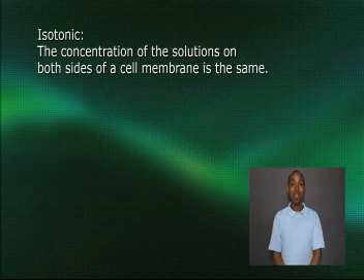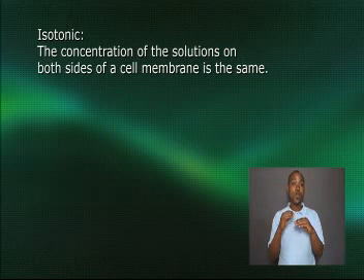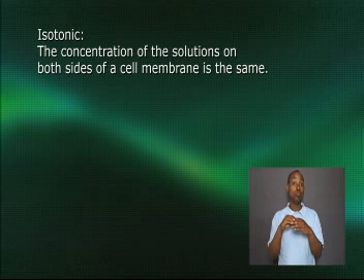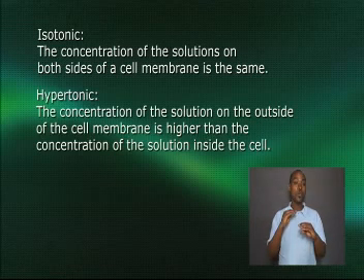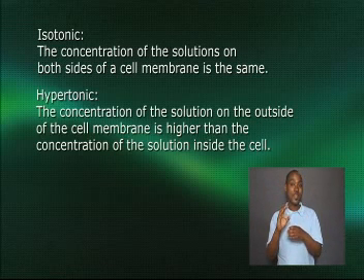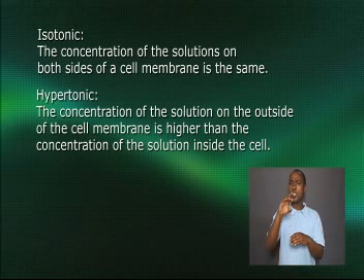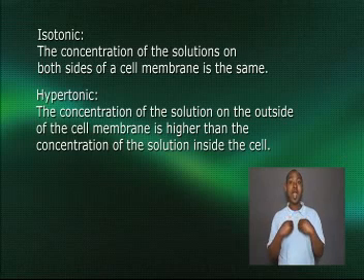If the concentration of the solutions on both sides of a cell membrane are the same, they are isotonic. If the concentration of the solution on the outside of the cell membrane is higher than the concentration of the solution inside the cell, it is hypertonic.